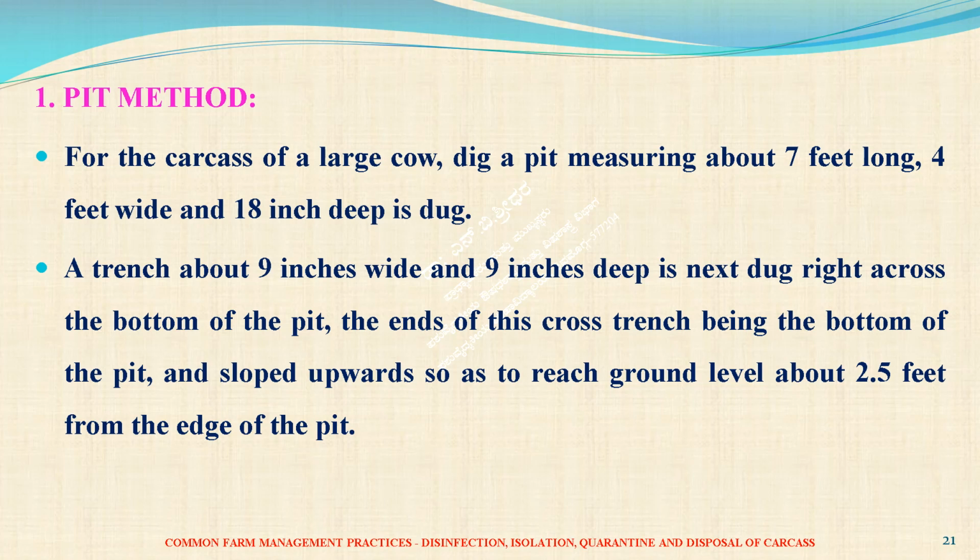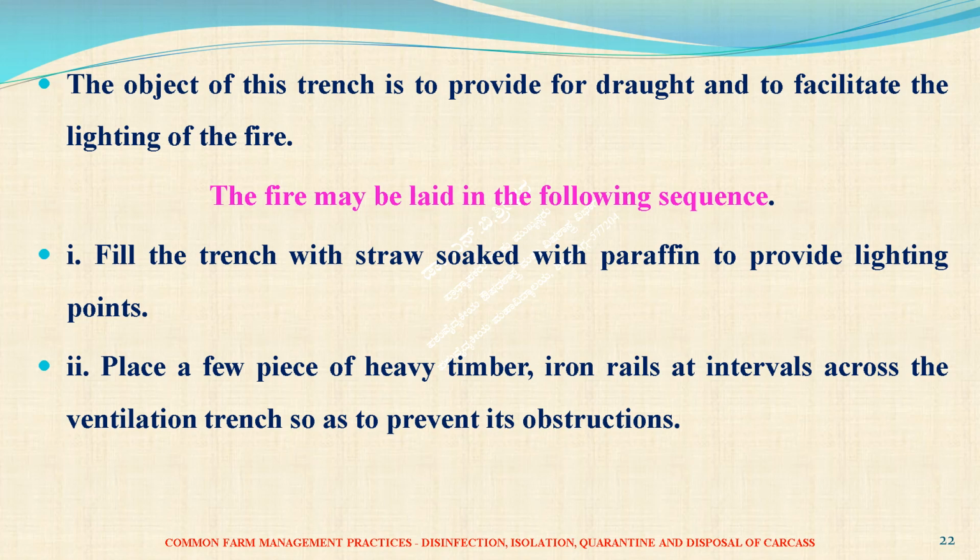Above the pit, sufficient size should be there: 4 feet wide, 7 feet long and 18 inches deep. If it is deeper, there is no problem, and it's always good practice. The object of this trench is to provide draught and to facilitate lighting of the fire.